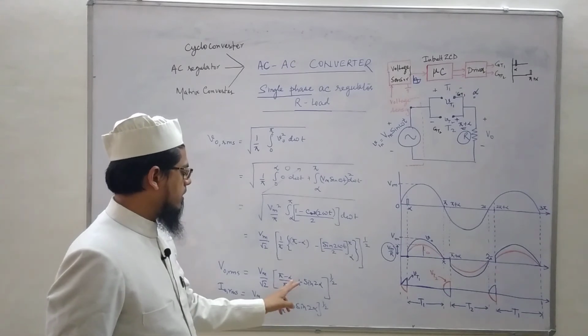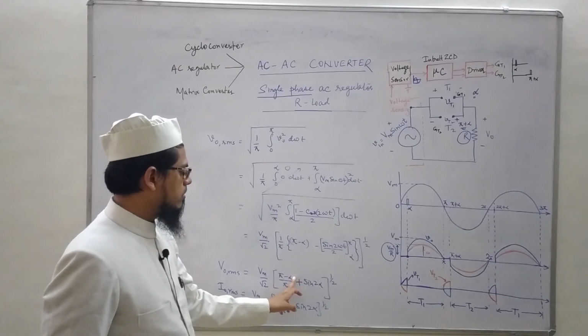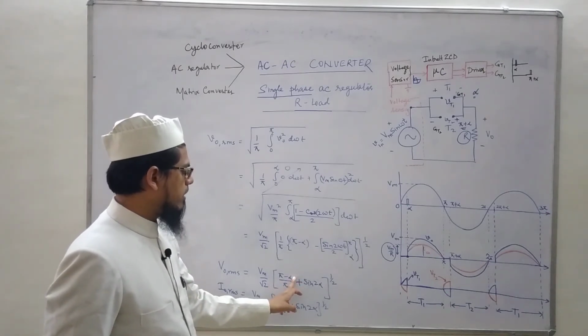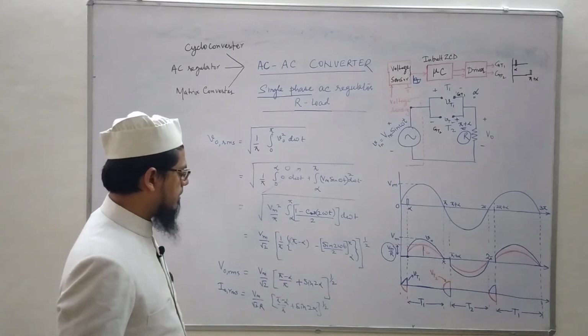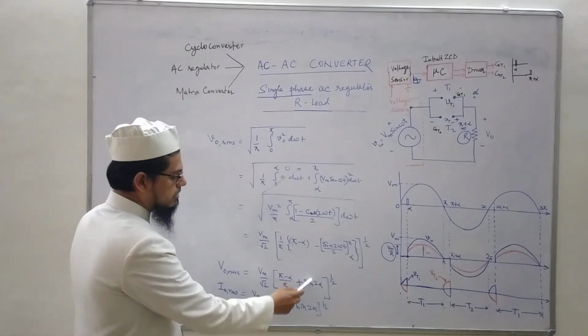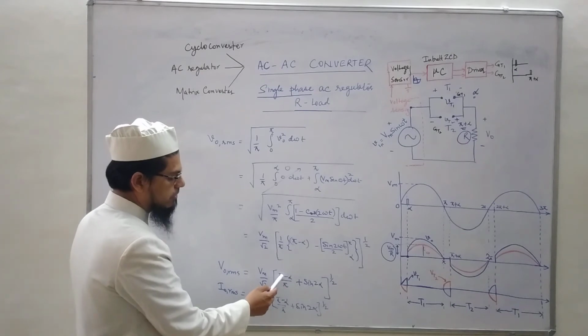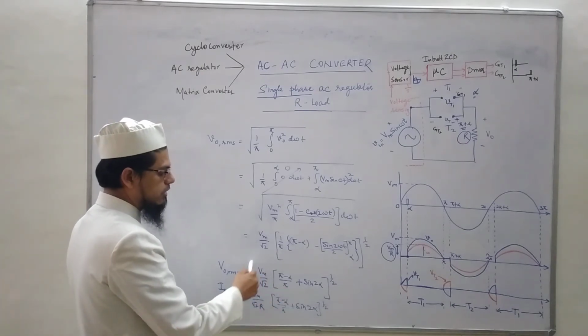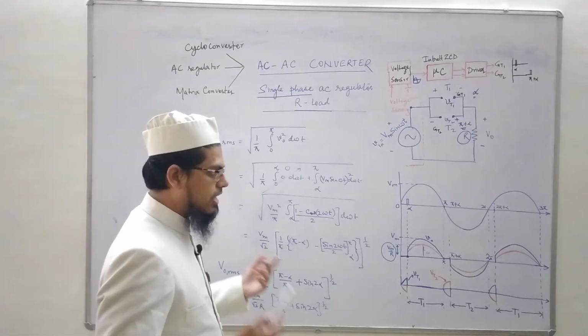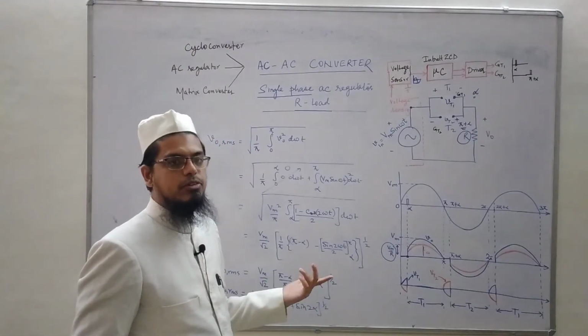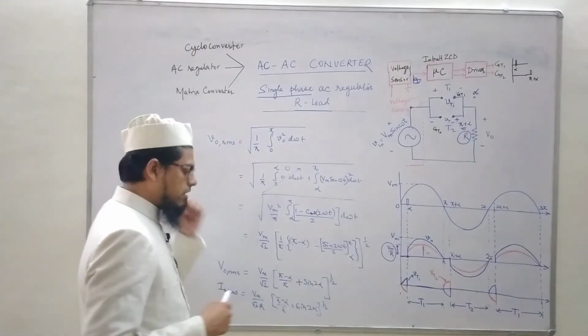When alpha equals 0, this term vanishes and we are left with pi by pi, which is 1. That means Vm by root 2, which is the RMS value of the sinusoidal wave with peak Vm.